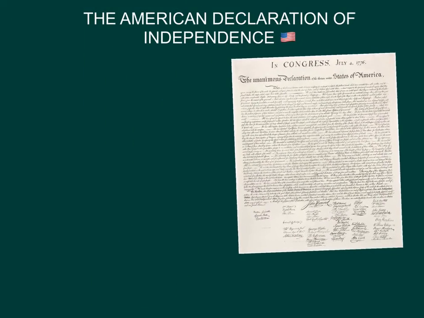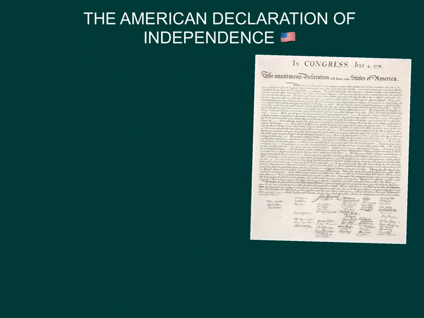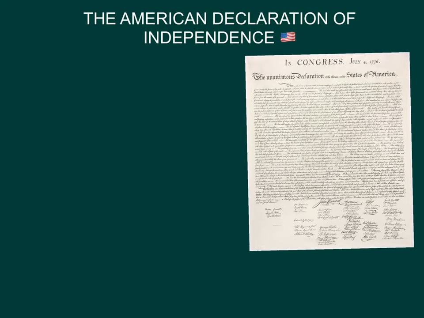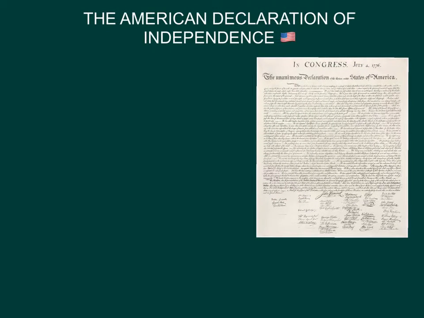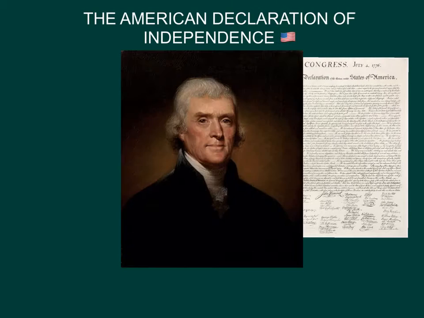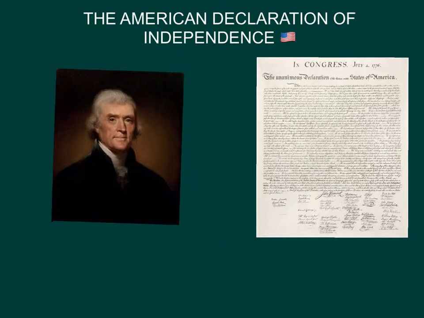Now we have the American Declaration of Independence. This is from our country, the United States. This is a sample of what the Declaration of Independence looks like. It is a bare picture and hard to read, but we're going to cover a better copy in class. This Declaration of Independence was influenced by Thomas Jefferson.